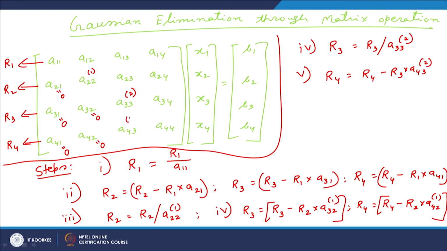Once we do this, this becomes 0, and this becomes A44(3).